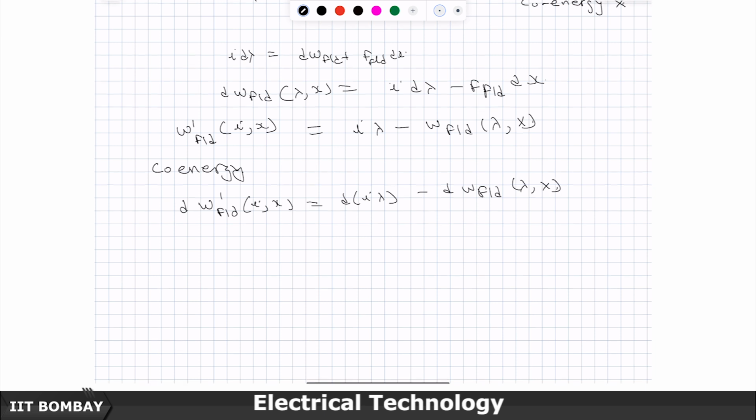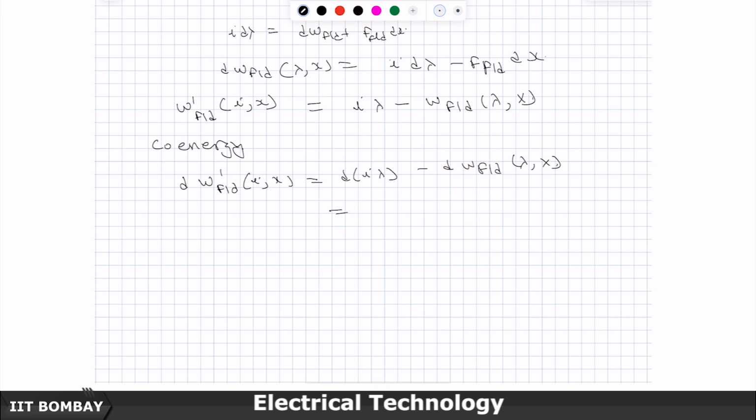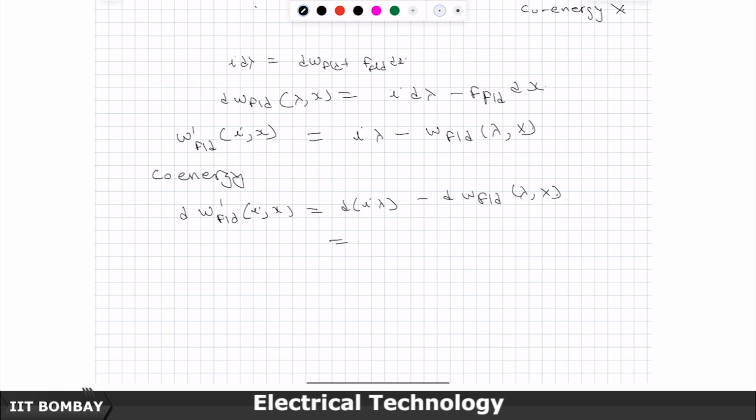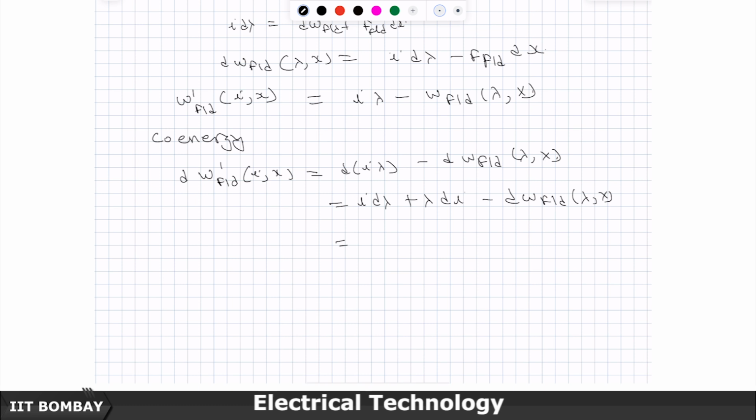This can be written as I d lambda plus lambda d I minus dW_FLD of lambda and x. Or let me rearrange it: lambda d I plus I d lambda minus dW_FLD of lambda and x.